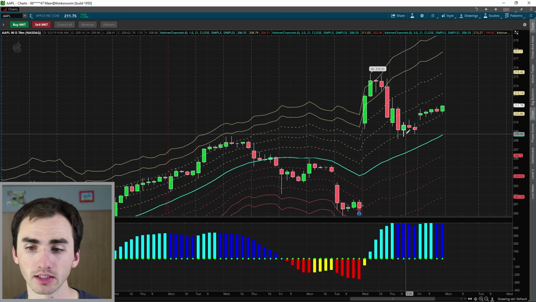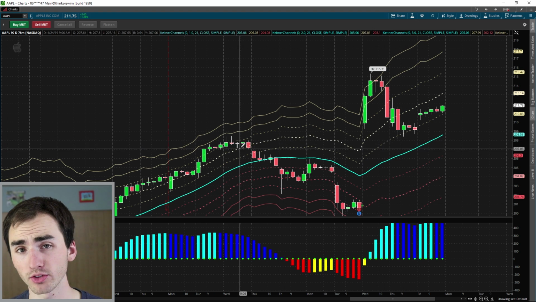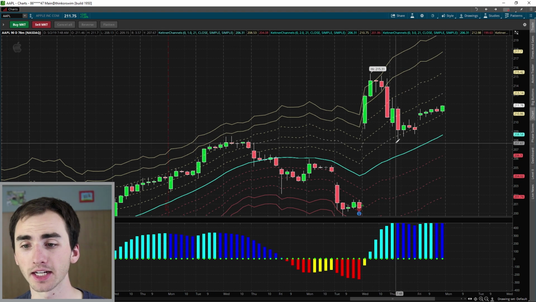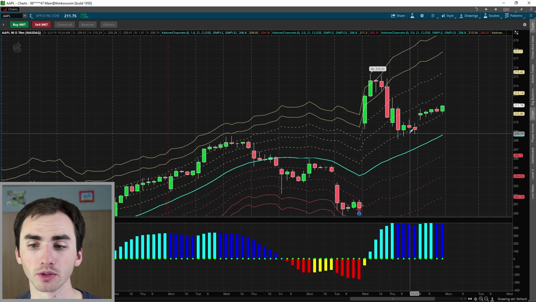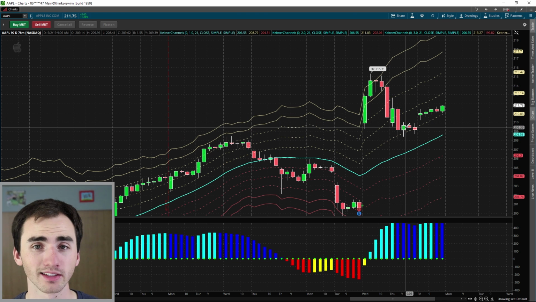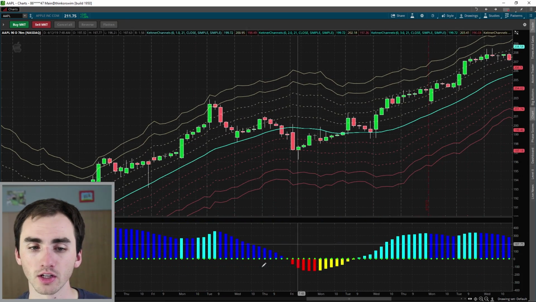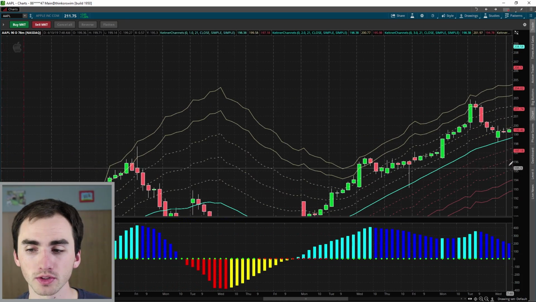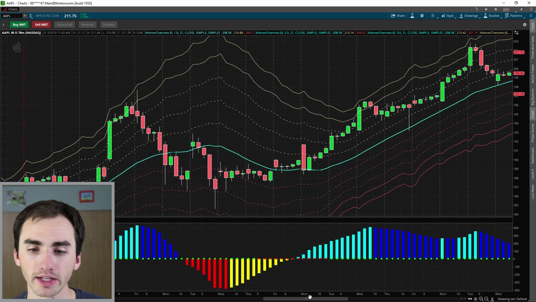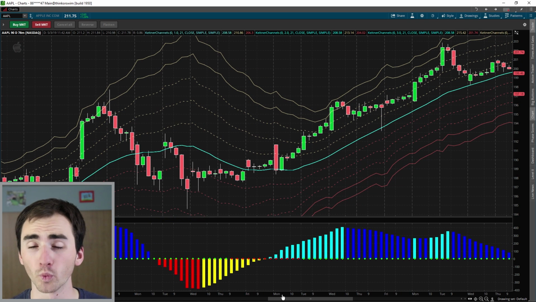Now you can see that right here is essentially the old highs from right here, and then it's down at the 1 ATR, so it holds that 1 ATR as support. And so I would say this is a great way to use this indicator: use it in conjunction with something else. You want to use it as a way to understand where the market is.